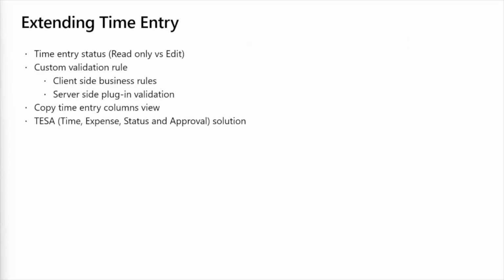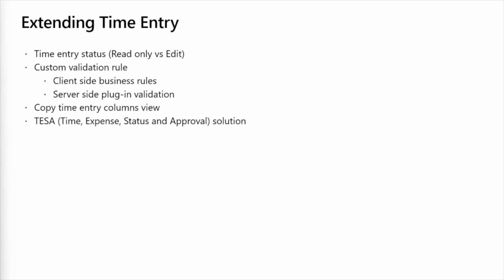If you plan on extending time entries, there are a couple of things that you need to be aware of. You want those fields to be editable or non-editable depending upon the state. Also, in terms of validation rules, whether you want a specific rule to be specific to the timesheet, or applicable across different timesheets.